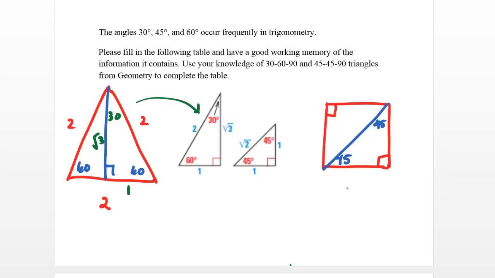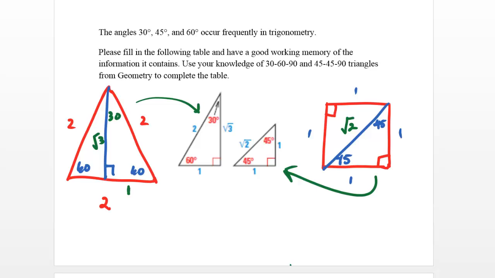Now if each side of this square were 1 all the way around, and we did the Pythagorean theorem on this new smaller triangle, we would end up getting the square root of 2 for this hypotenuse, and that's where the parts of the 45, 45, 90 triangle come from. So this is an extremely important set of ratios and relationships that you need to have down cold.